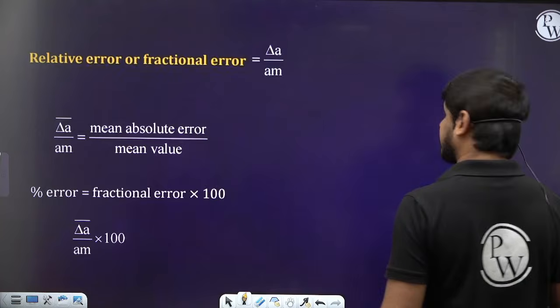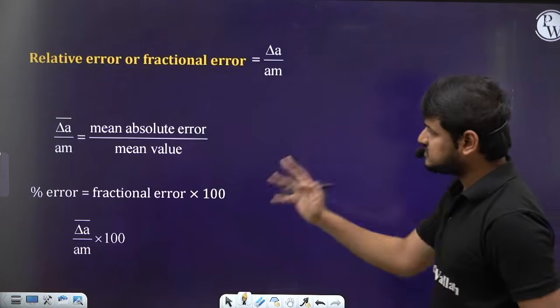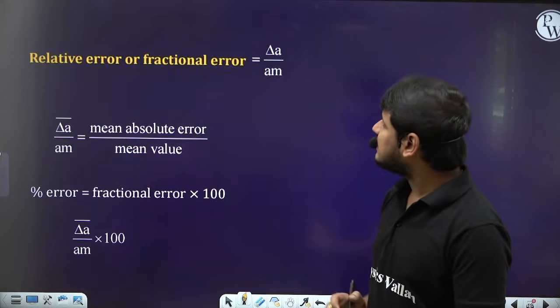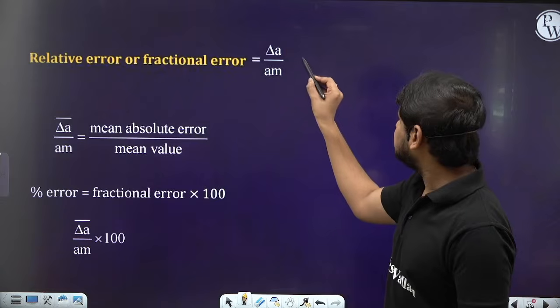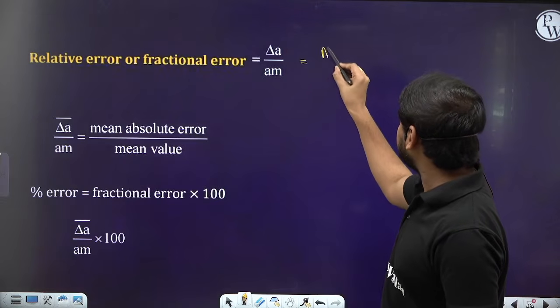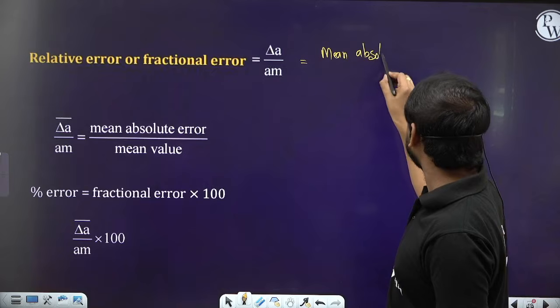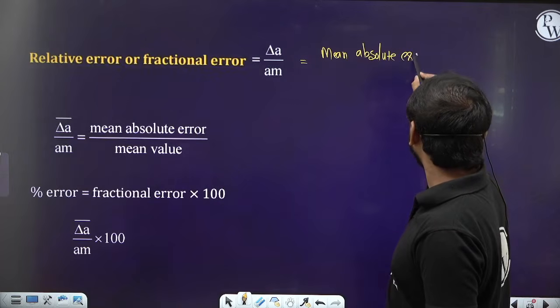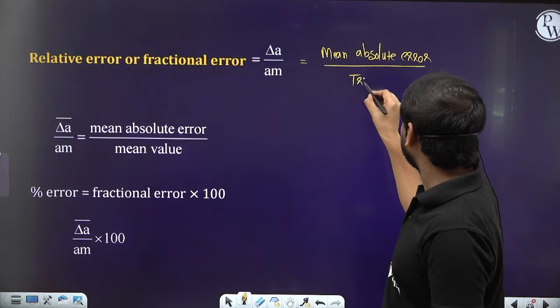Just see this concept also, then we'll see the question based on all. Then relative error or fractional error. What does it mean by relative error or fractional error? It's the mean absolute error divided by AM, which is the true value.